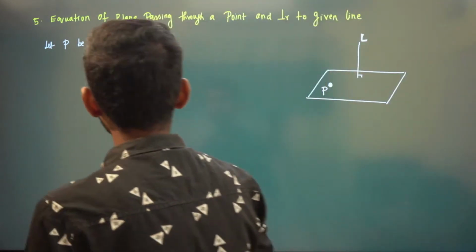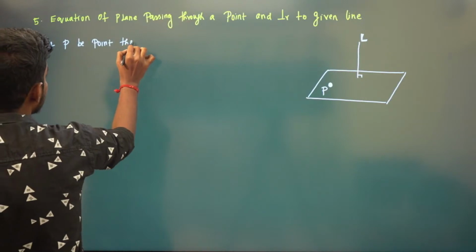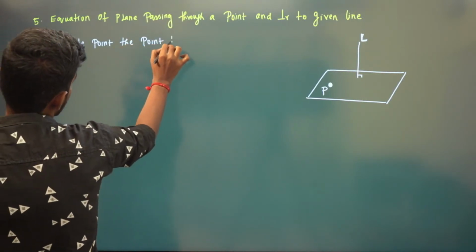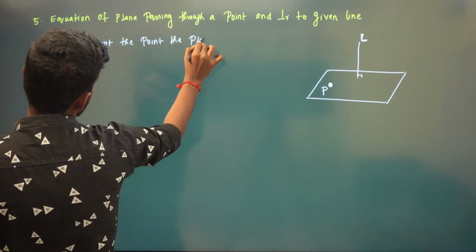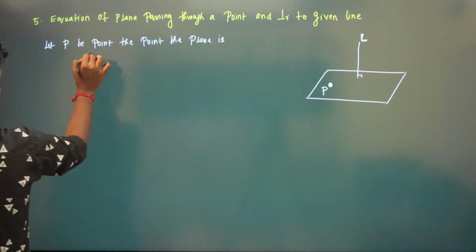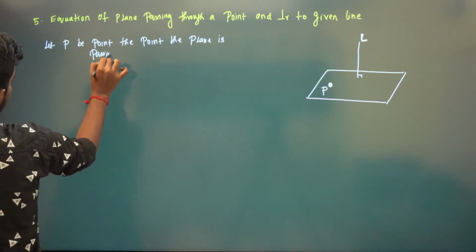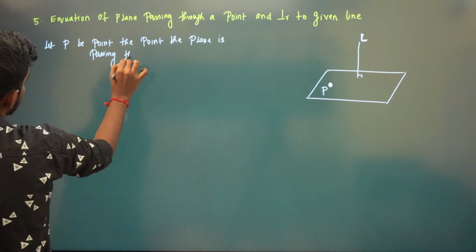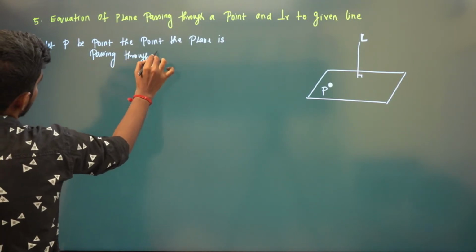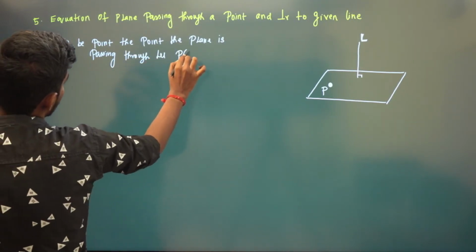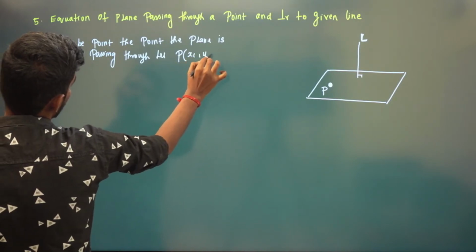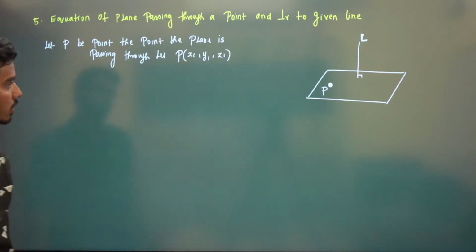Okay. So let P be the point the plane is passing through. Let us take that point P to be x1, y1, z1, right?